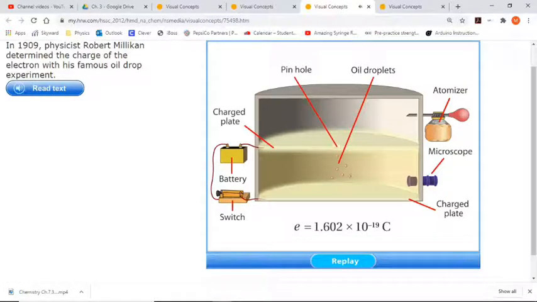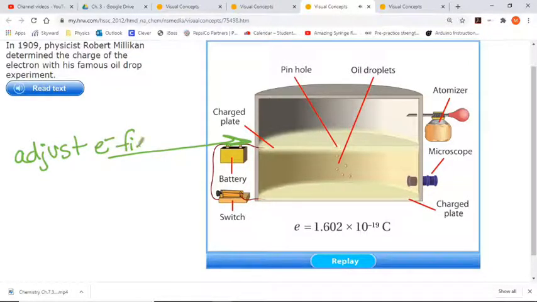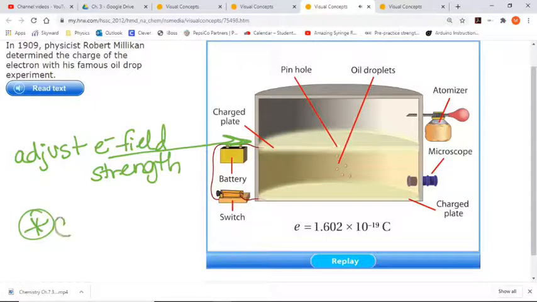So, a couple pointers. Again, it says he was able to determine the charge of the electron. The oil droplets were going through these charged plates. You can see the battery that's hooked up to it, charged the plates, and he fine-tuned it and was able to adjust the electric field strength on those plates, and then from that he could actually calculate the charge of an electron.